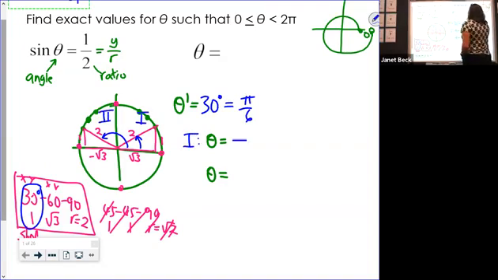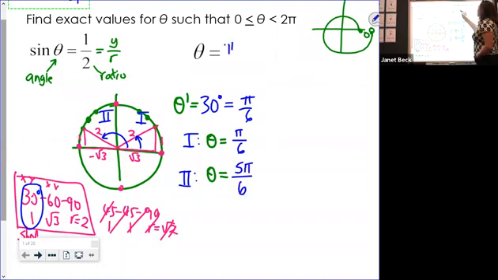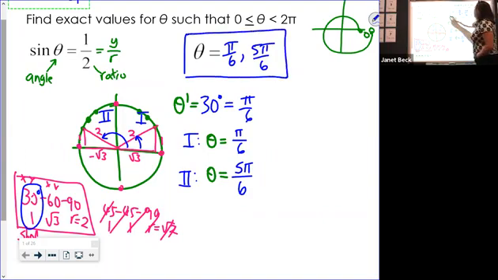In quadrant 1, with a denominator of 6, the numerator is just pi. In quadrant 2, with a denominator of 6, the numerator is 5 pi. So those are my two answers, pi over 6 and 5 pi over 6. Those are my two answers for an angle where the sine of the angle is a half.